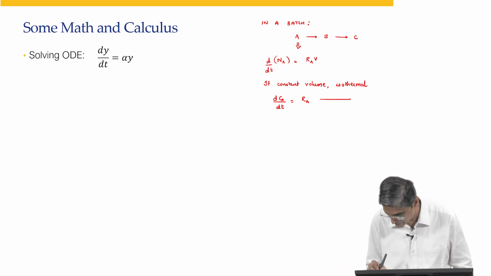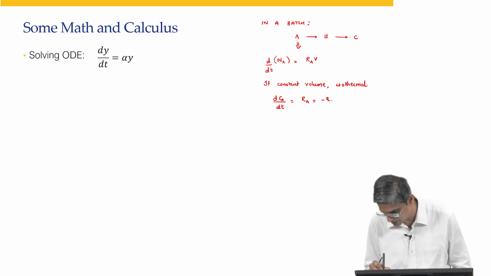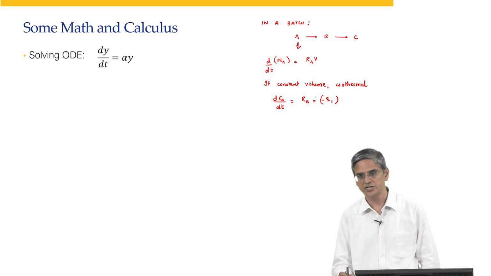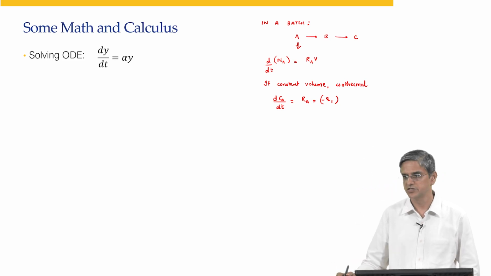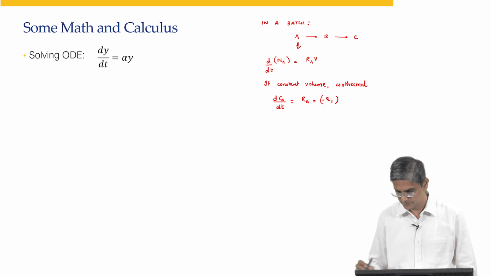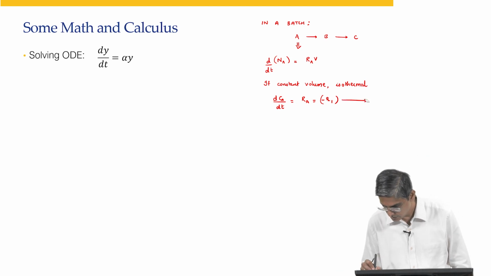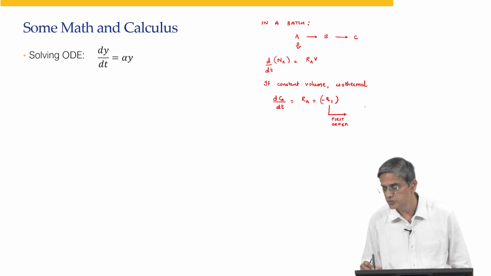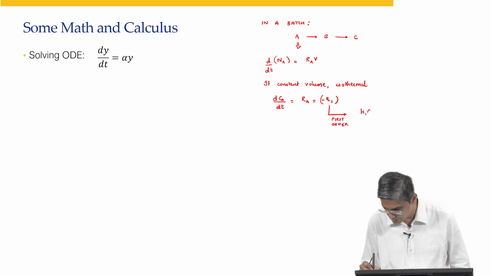Okay. Which is nothing but minus R1. Why? Because the stoichiometric coefficient is -1. Okay. Let us say that the first reaction was first order. We are going to get R1 is nothing but K1Ca.